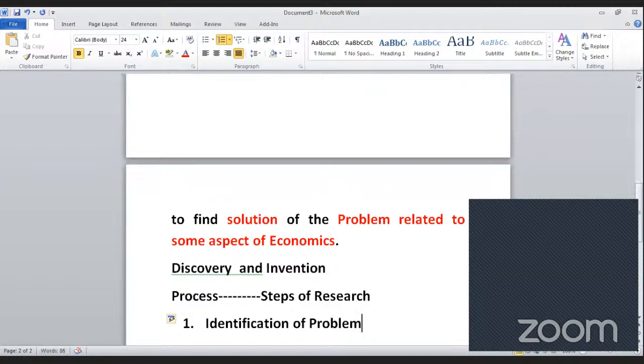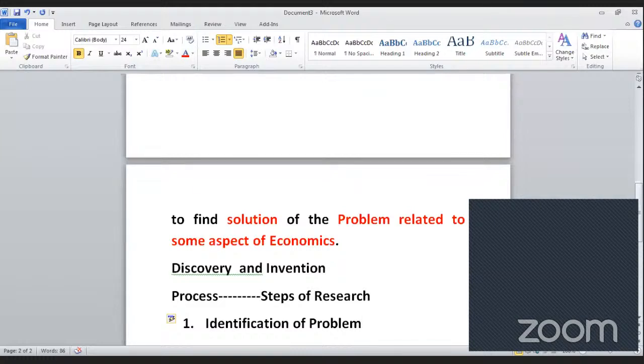Now, please understand, the first step is not the selection of problem, because identification is a broader one and selection is narrow. So selection is a part of identification. So therefore, never say that the first step of research is the selection of problem, but the first step of research is identification of problem.